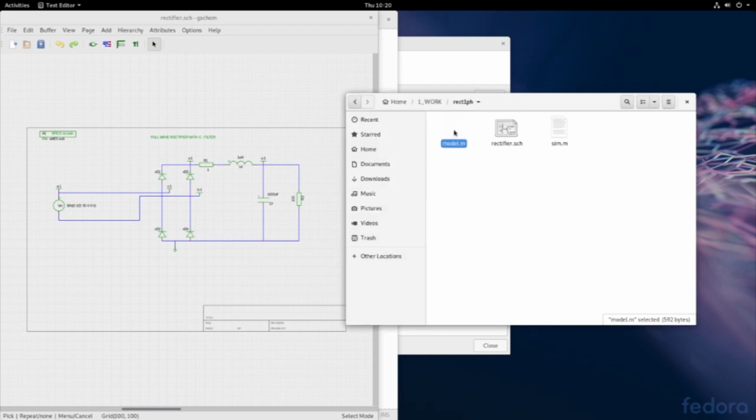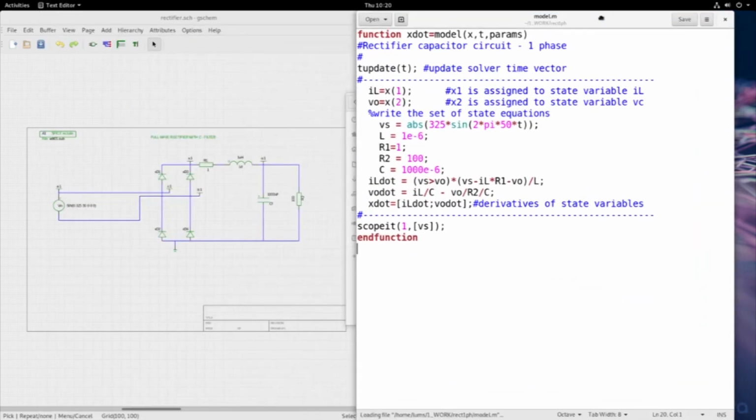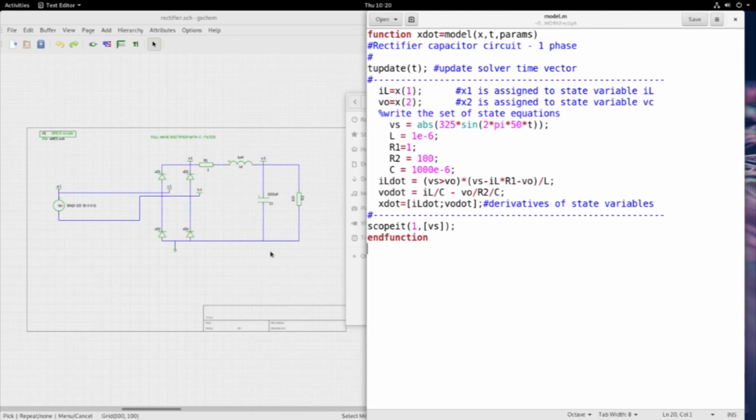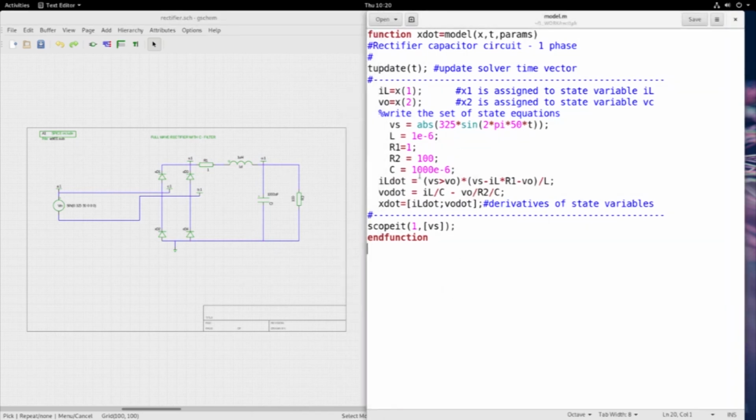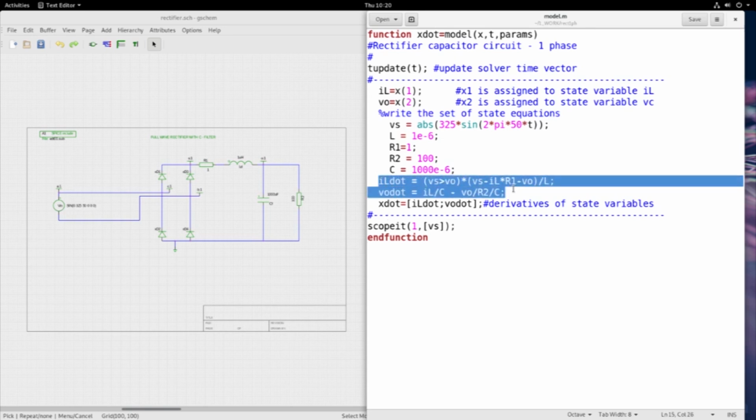Now let me open model.m, which contains the equations which represent the circuit that I am showing alongside here. This is the standard template which we have seen earlier. I'll bring your focus to these two lines. One is IL dot, which is dIL by dt, and V0 dot, which is dV0 by dt, the two state equations which represent the dynamics of the circuit.